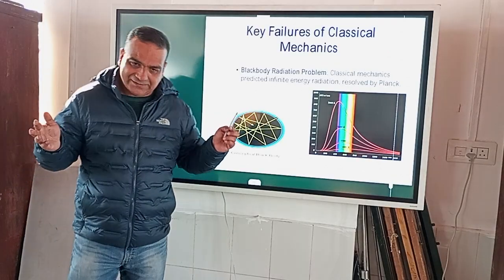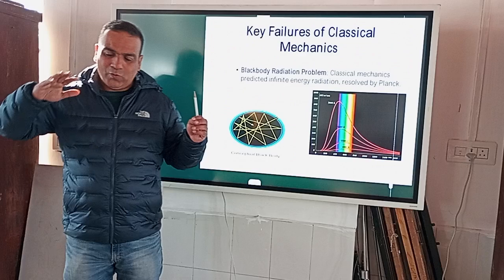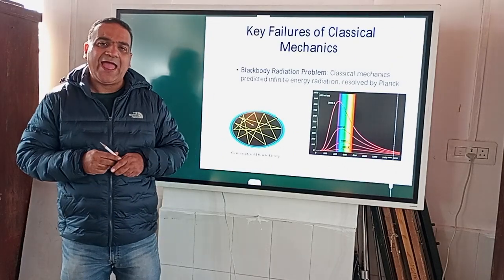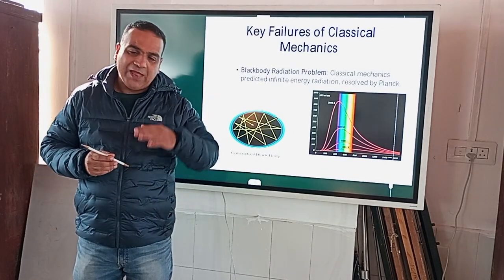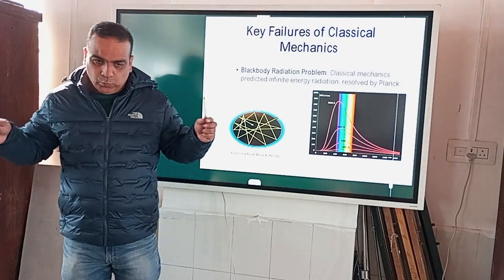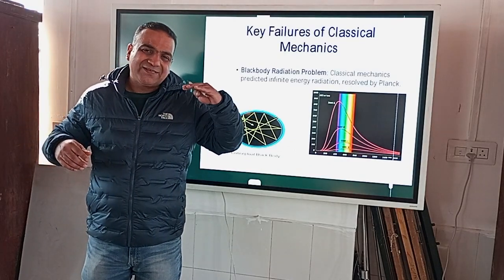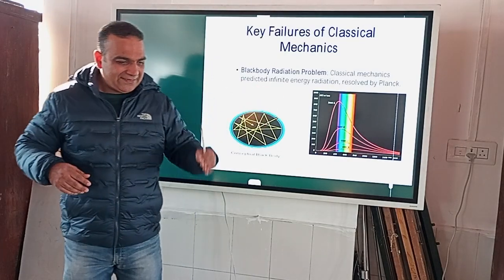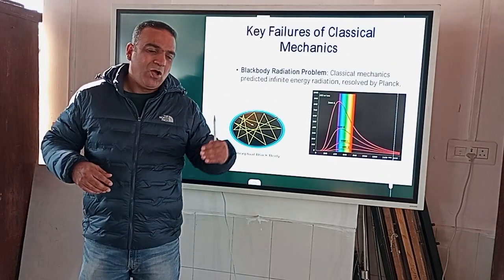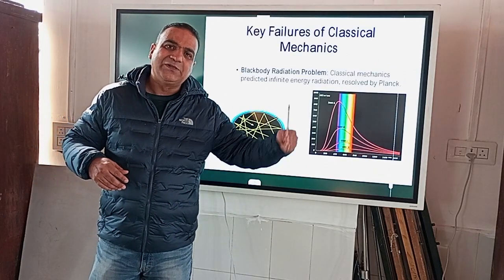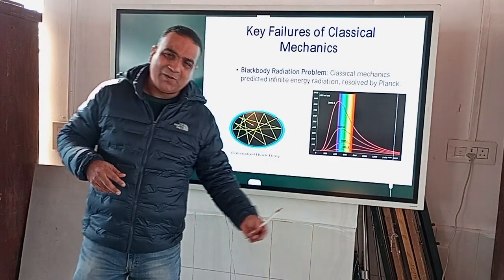Because in the classical world, we have waves and we have particles. In the classical world, the particles are a separate identity, and for particles you have all possible and plausible equations that can describe that particle.